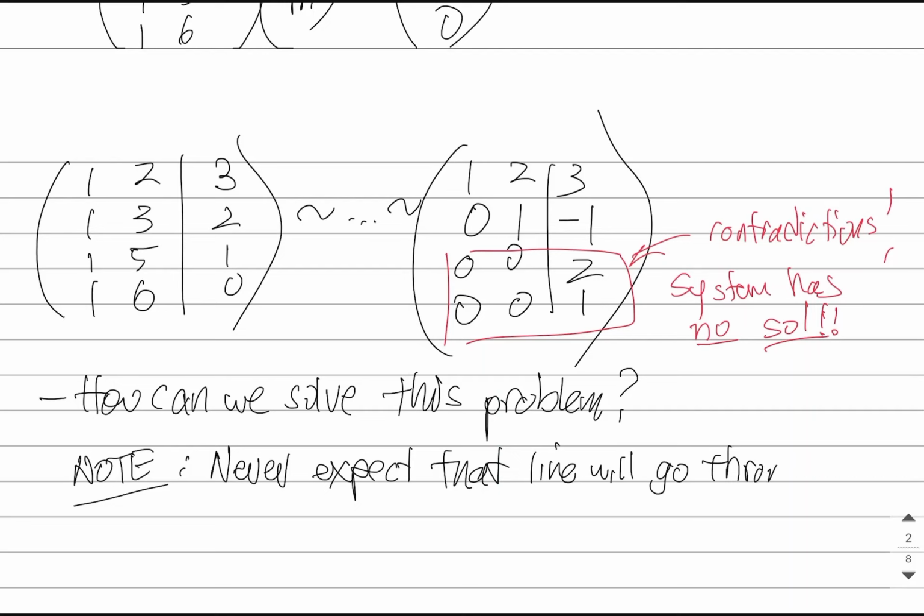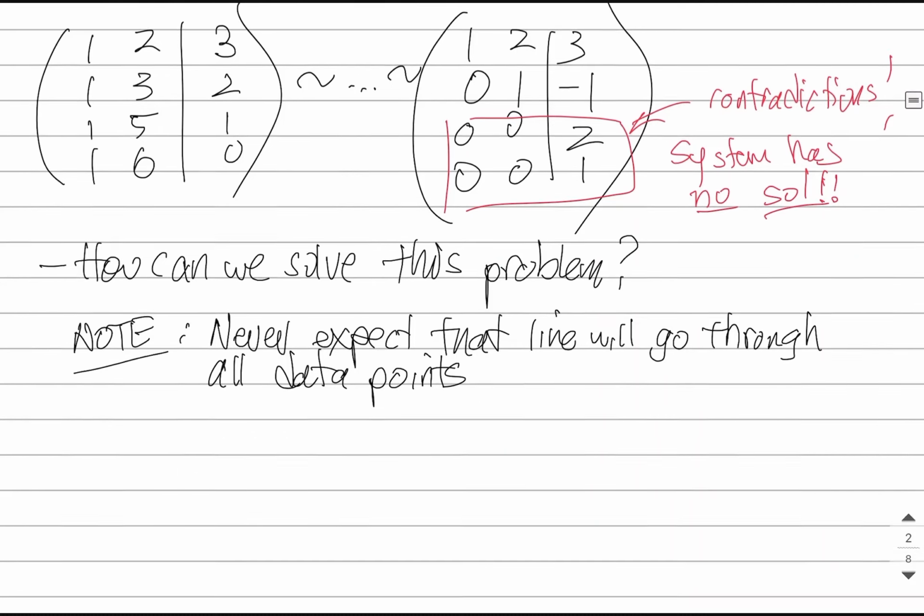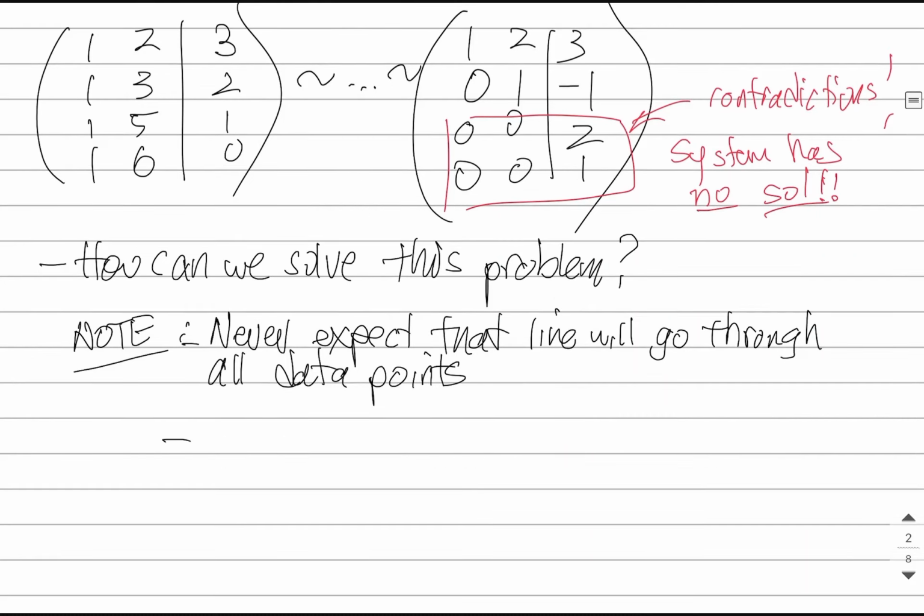It won't. And things like experimental error always get in the way, right? You will never be able to have all of your data points lie perfectly on the line. So by design, this is always going to be an inconsistent system. We always expect an inconsistent system.